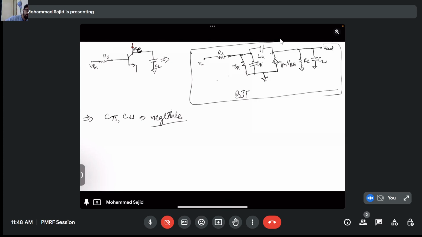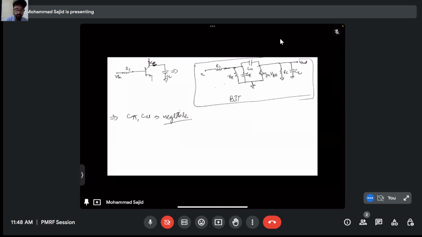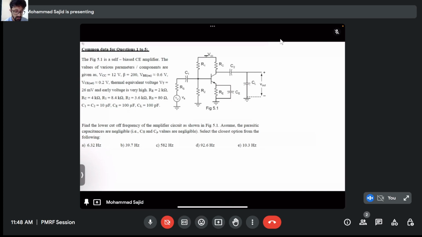For the question here, let me check. It says we have these parameters. Let me underline these. There is nothing given about the parasitic capacitances. The question says to assume parasitic capacitances are negligible, so we can just ignore them.